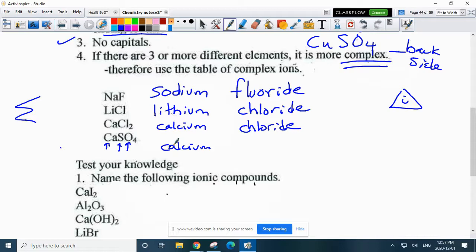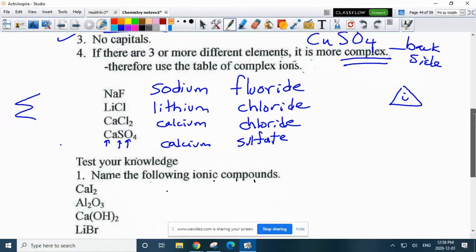SO4 is in the third column in the table of complex ions, third from the bottom. So it's like a mini periodic table on top of the periodic table of ions, and it says sulfate. So there it is, calcium sulfate.